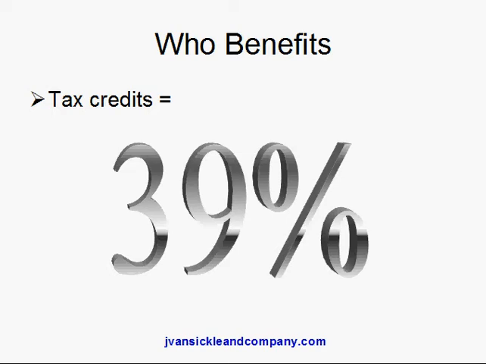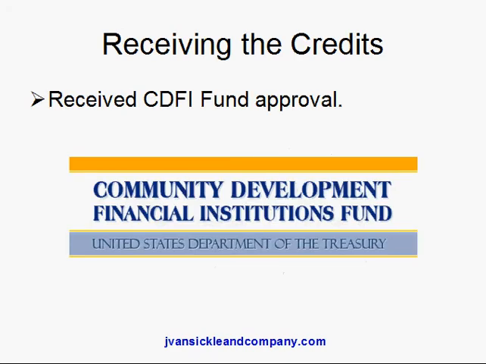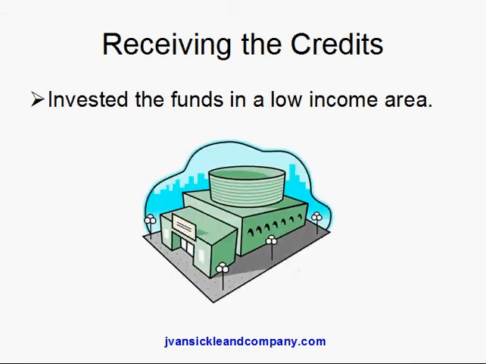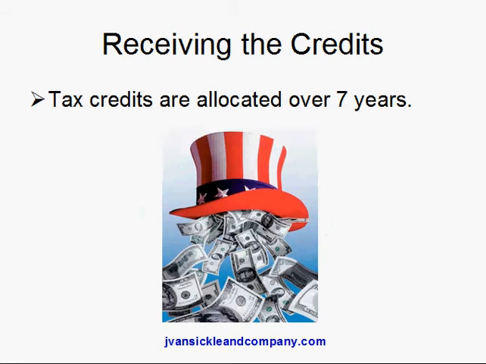Again, to recap, you receive the Community Development Financial Institutions Fund approval. You then go out and raise your investment capital from investors. You invest the funds in a low-income area, and then you get the tax credit allocation. In this situation, the tax credits are allocated out over a 7-year period.